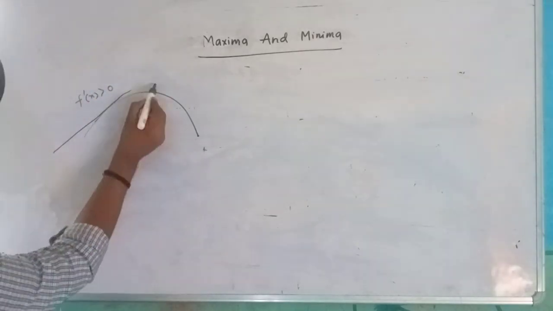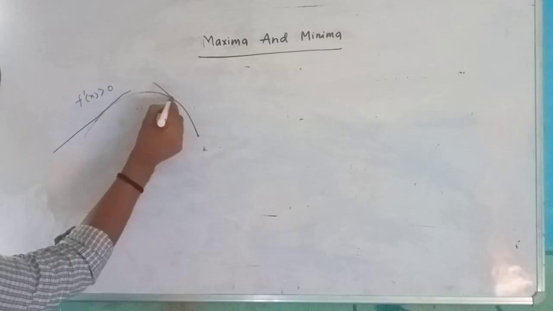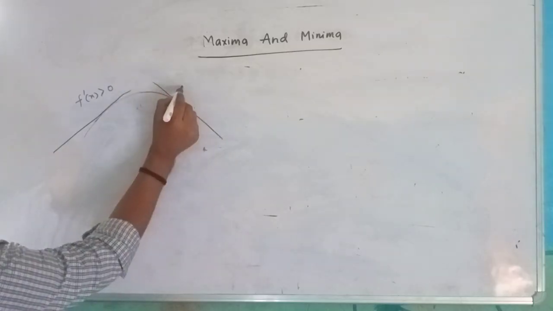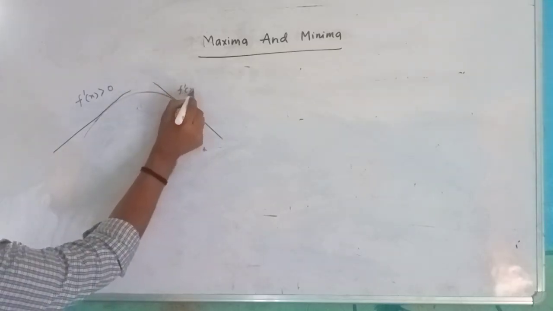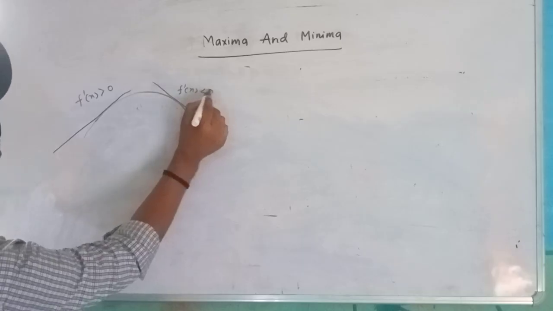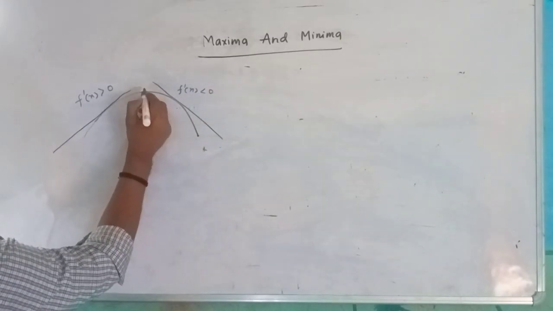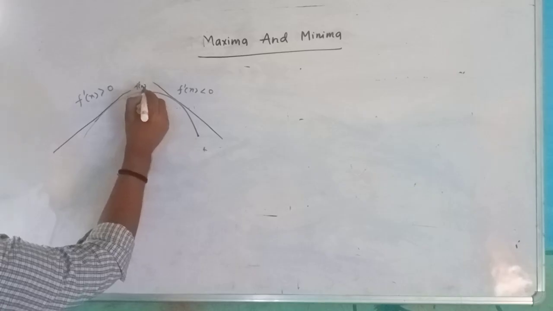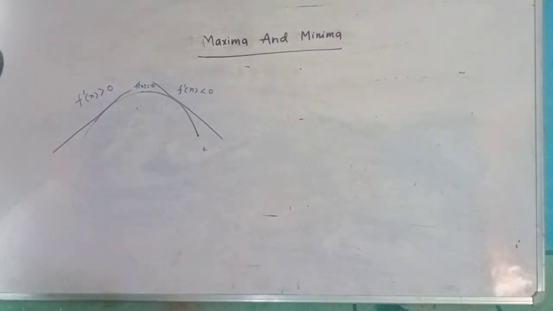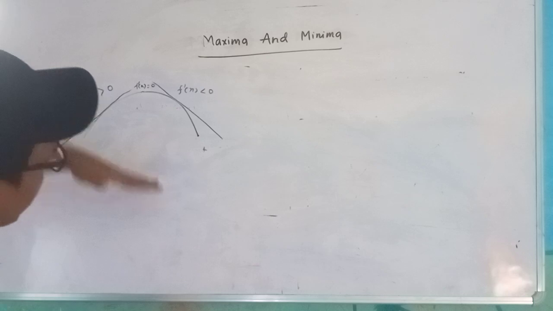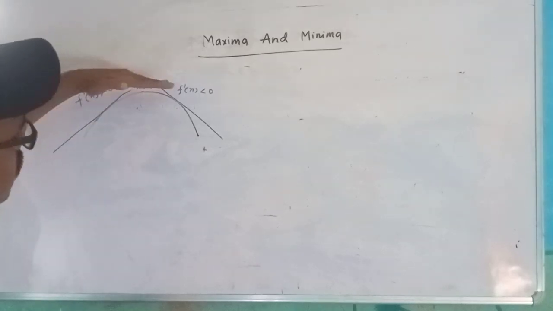And what is the slope on this side of the graph? Clearly it is less than 0. And at this point the slope line will be parallel to the x-axis, so the slope will be 0.